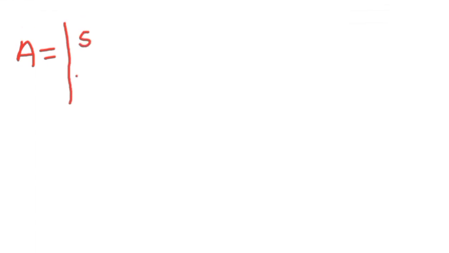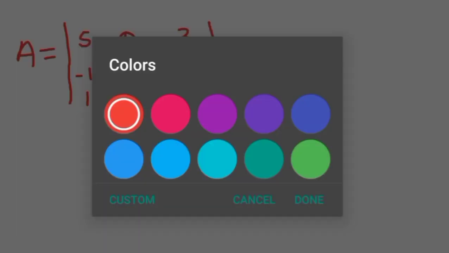I will write this matrix again. A is equal to [5, -1, 1; 0, 0, 0; 3, 2, 1].